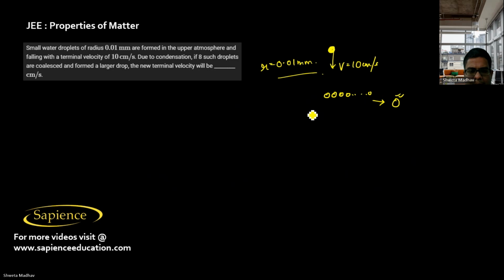Here the terminal velocity will be how much? The radius will be 8 into 4 by 3 pi r cubed.